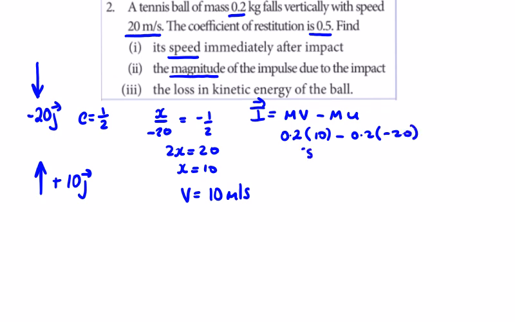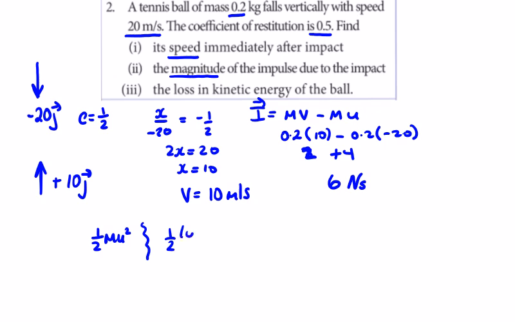A fifth of 10 is 2, and a fifth of 20 is 4, so the impulse is going to be 6 in Newton seconds.